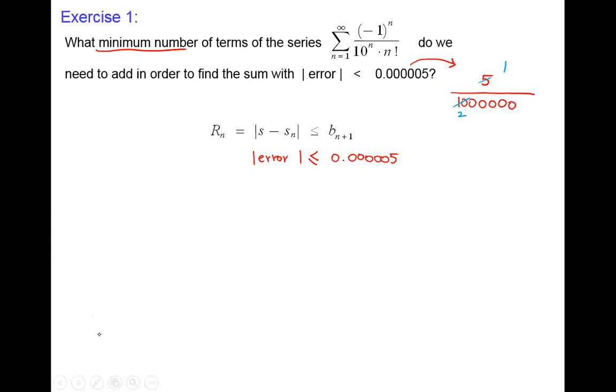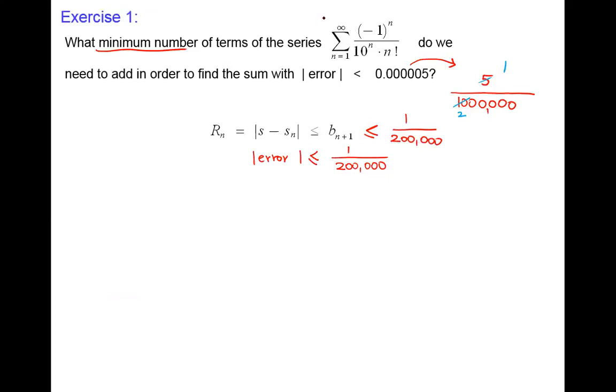That means my size of the error must be less than 1 over 200,000. What I am looking for is a term that is less than 1 over 200,000. The only thing I have to do is find a term that corresponds to my inequality.